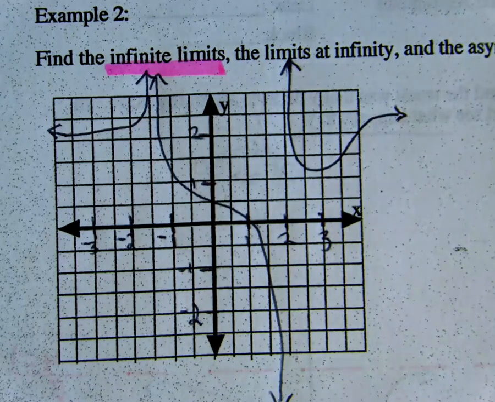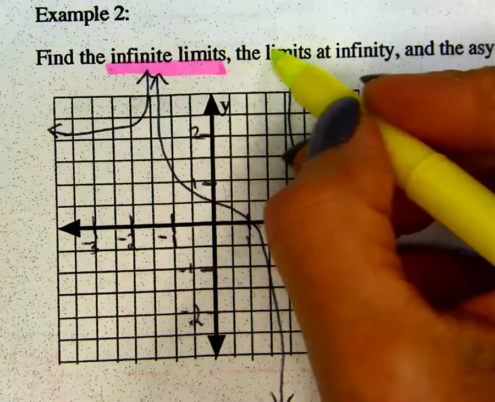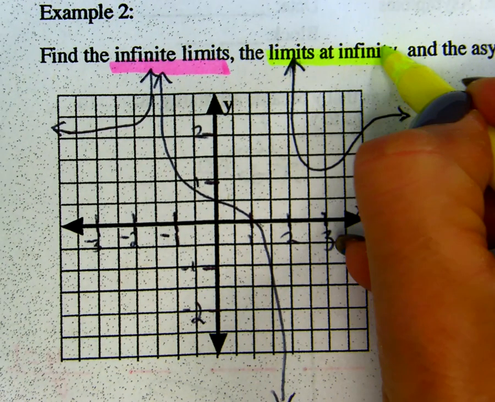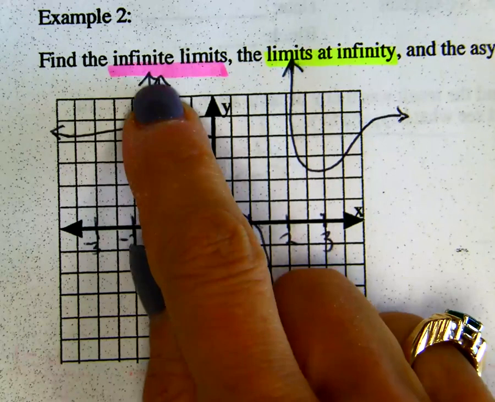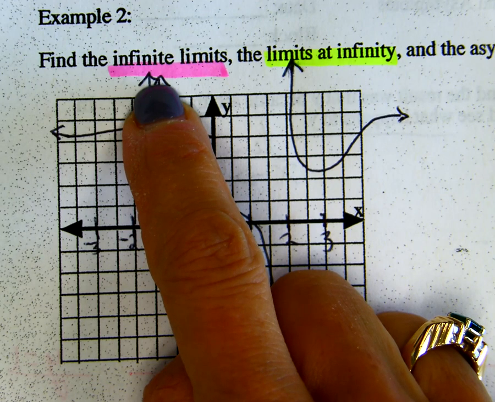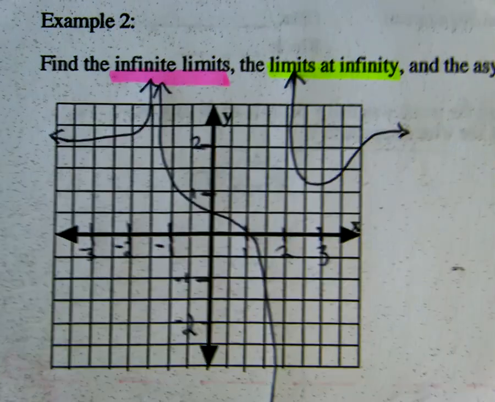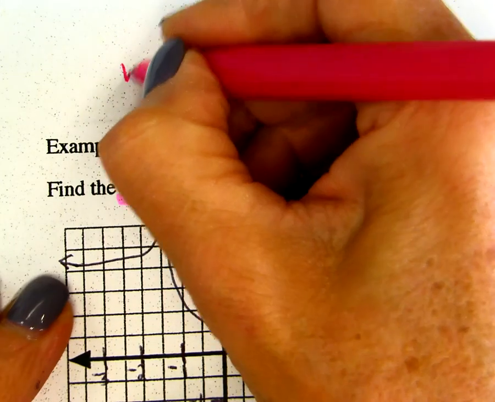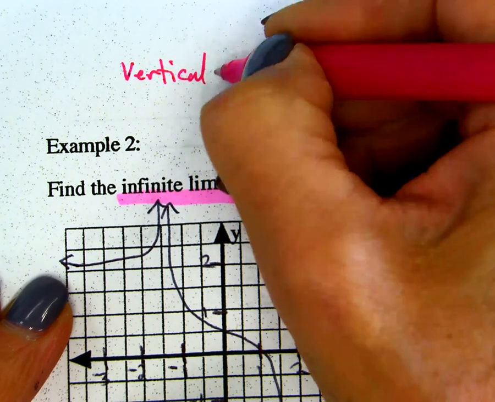I'm just going to try to keep the color organized to help you visualize. So infinite limits and limits at infinity, which is positive or negative infinity. A limit to a point can give you infinity for an answer. So infinite limits are your possible vertical asymptotes.